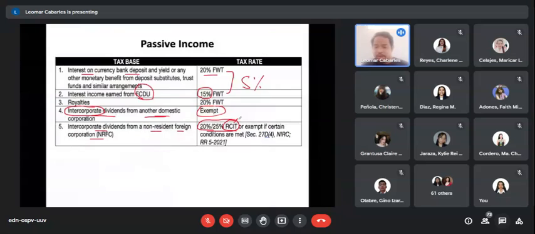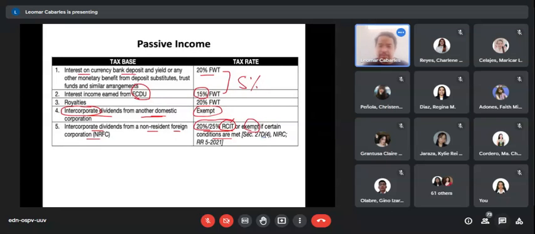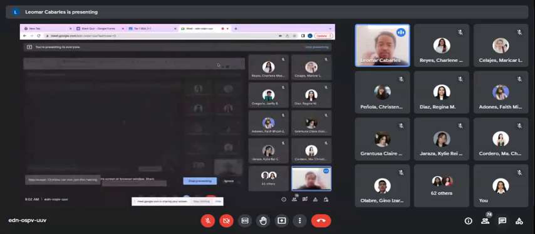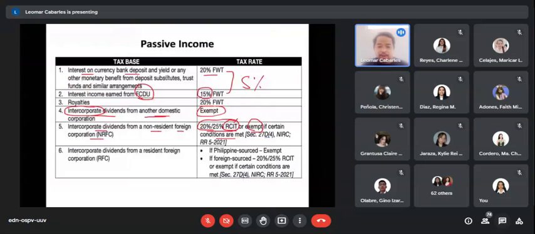However, pag na-meet daw yung certain conditions, which we will discuss later, exempt siya. Okay? Pero generally, if it's coming from non-resident foreign corporation, that is subject to regular corporate income tax. Okay? Pag intercorporate dividends, pero galing siya sa resident na foreign corporation, kung ang source niya ay galing sa Pilipinas, exempt.